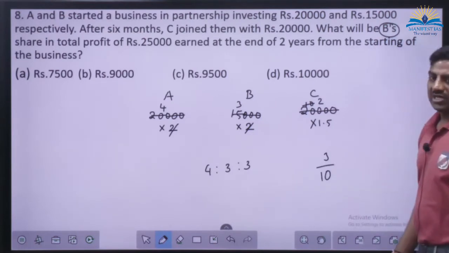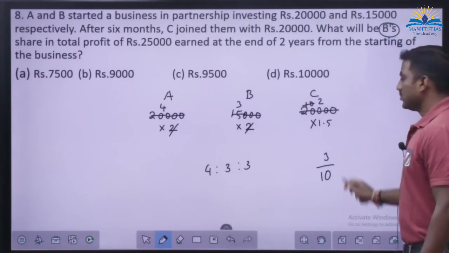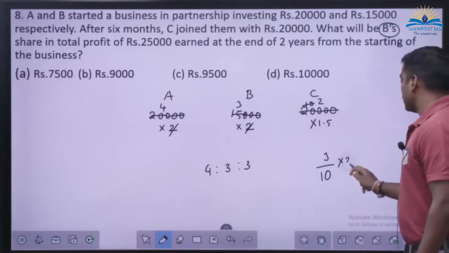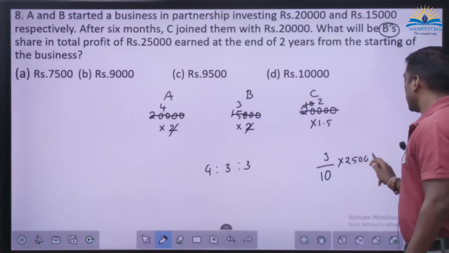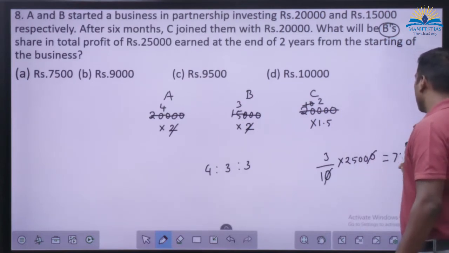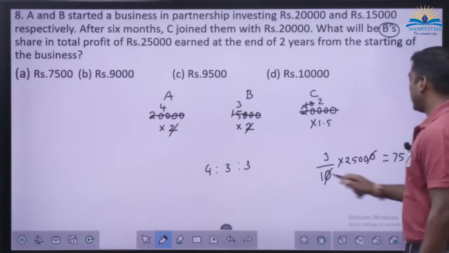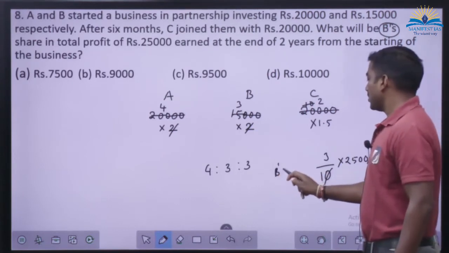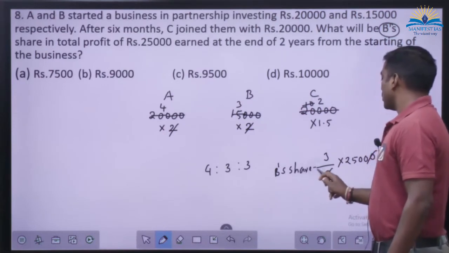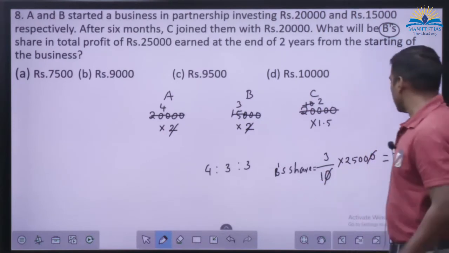But what is the total profit earned? 25,000. 0, 0 get cancelled. So B's share is equal to 7,500. B's share is equal to 7,500.